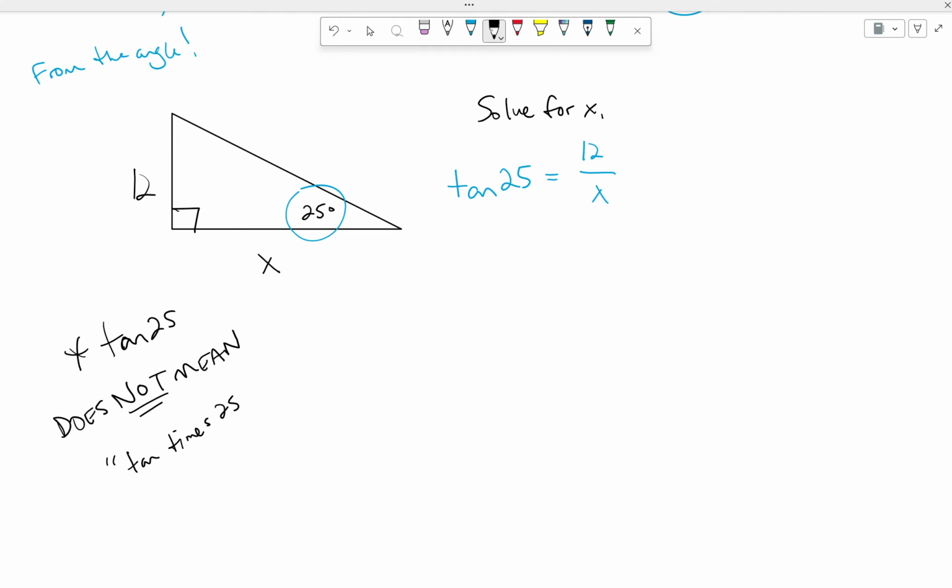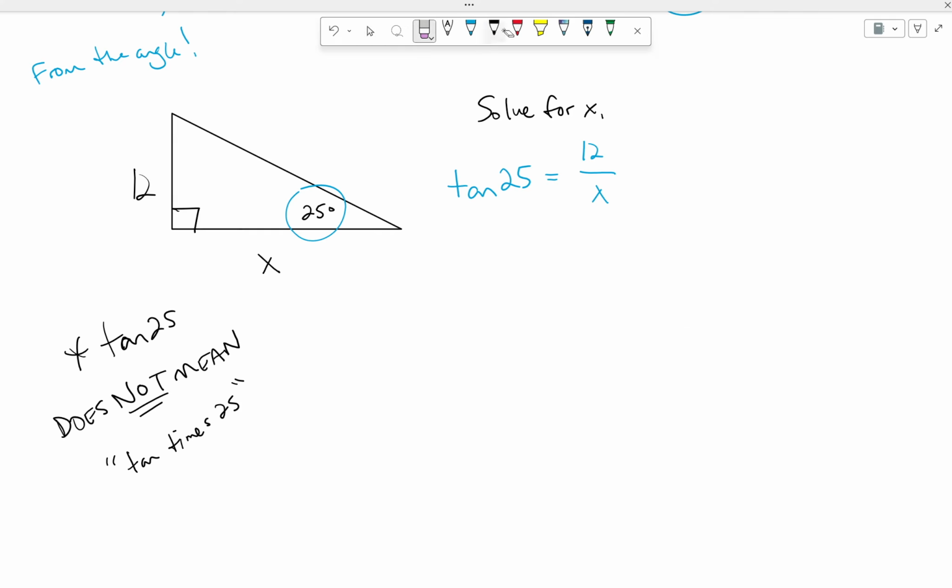Tan times 25, right? I hate that, especially when you just say tan 25. It's tangent of 25. Okay, it's a function in itself. It's the ratio of the sides of a triangle when the degree measure is this. Okay, so we have to solve for x.